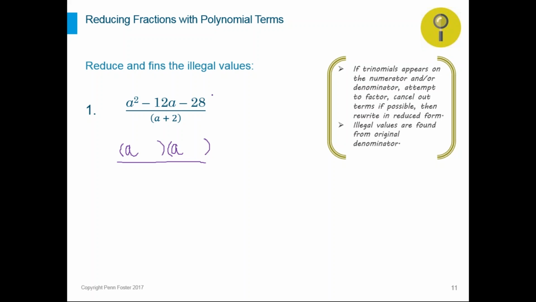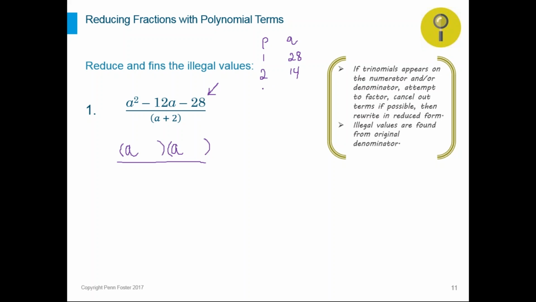So what we're looking for are factors of 28 that, when you multiply them, you get negative 28, and when you add them, you get negative 12. If you do your P's and Q's from the last webinars, we list the factors of 28. So it's 1 times 28, or 2 times 14.